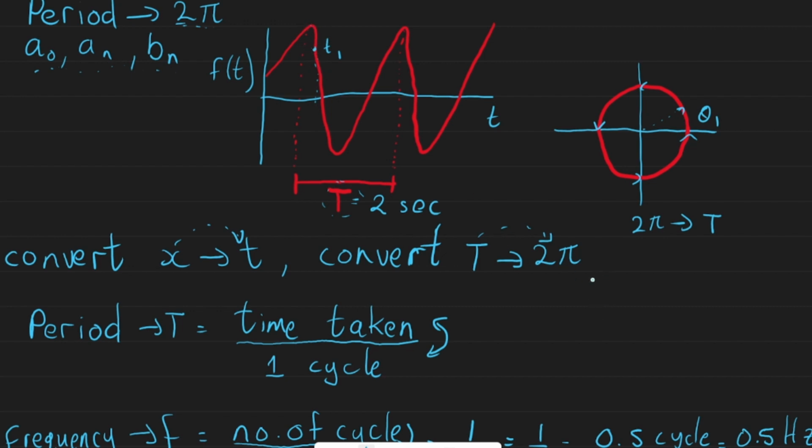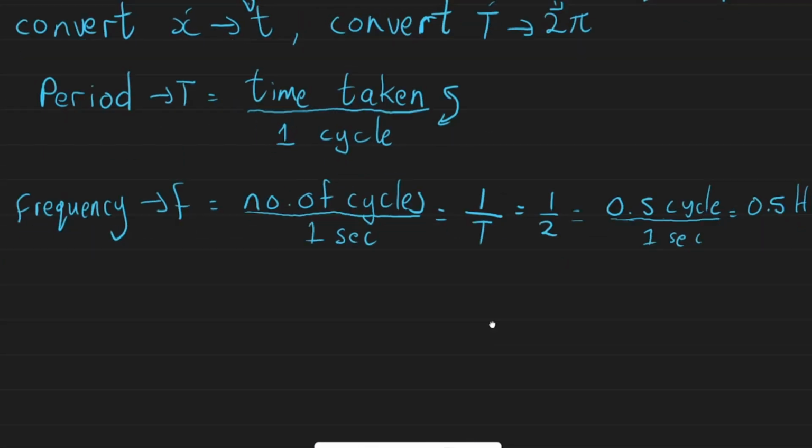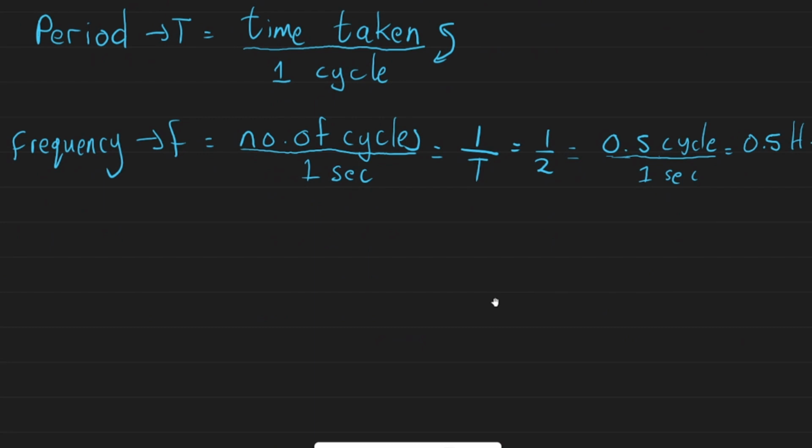So we create a new concept at this stage, or rather we define a new quantity, right? So this new quantity that we're looking at is, okay, so one revolution is 2 pi radians. So how long did it take to complete this revolution? It took the period t, so that's the time taken. So if you remember what speed is in general, speed is equal to distance over time.